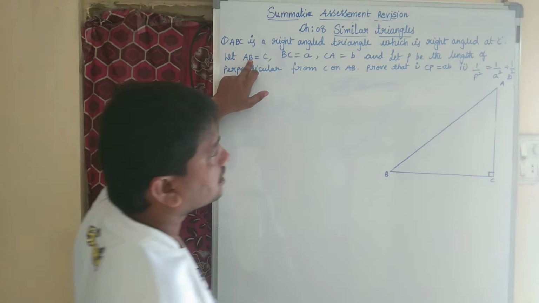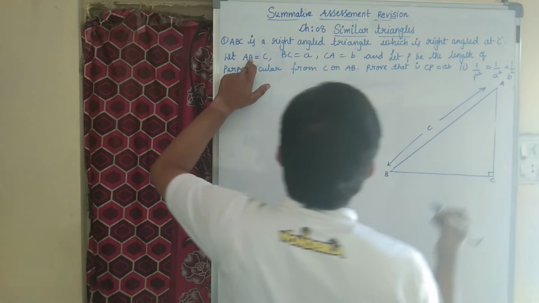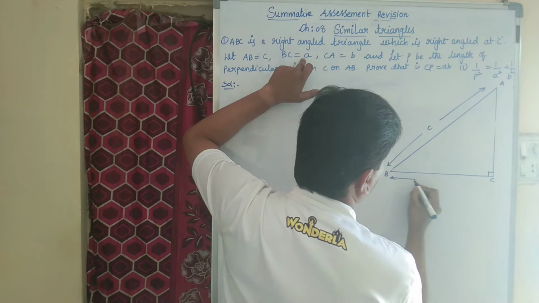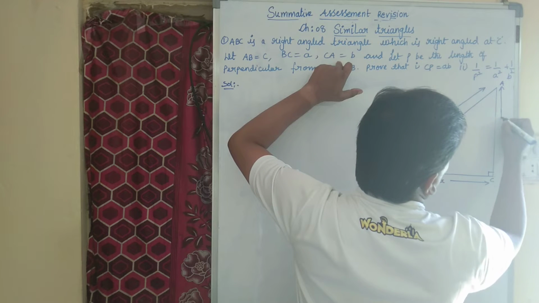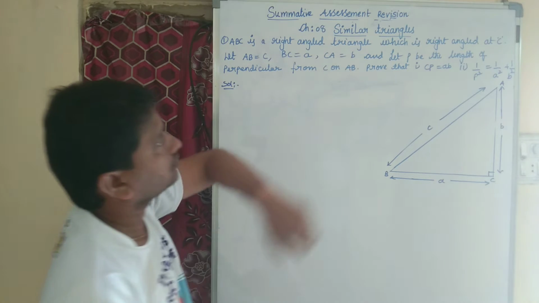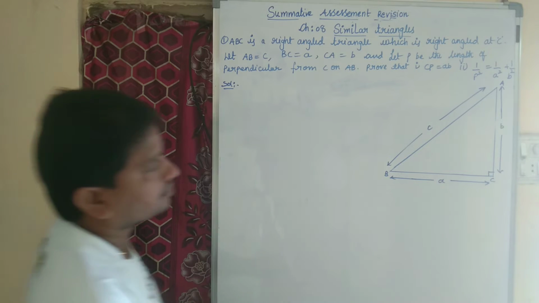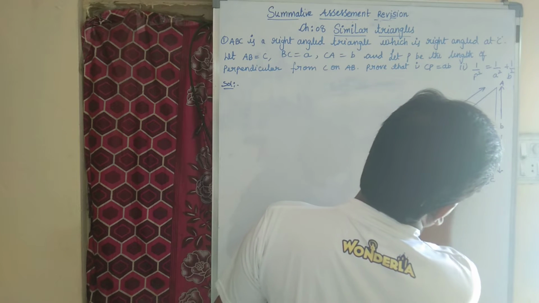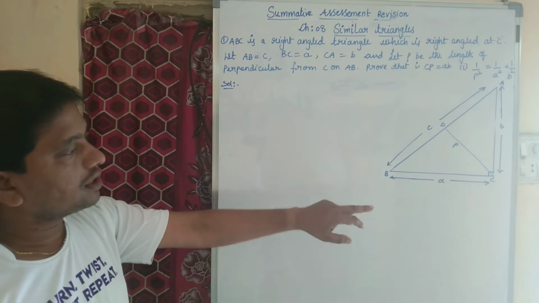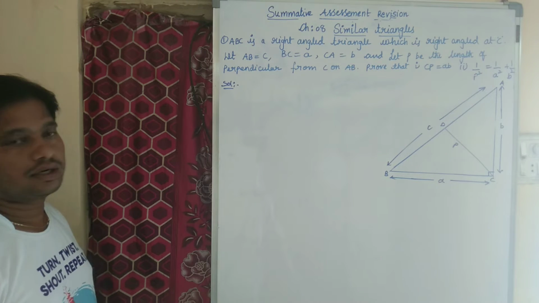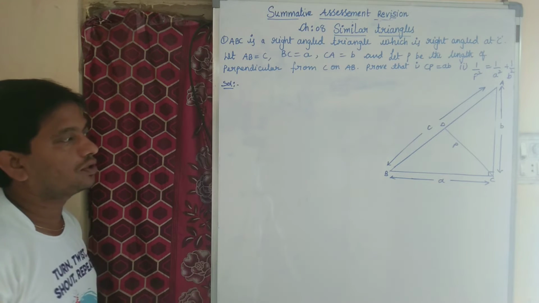Let AB equal C units, BC equal A units, and CA equal B units, and let P be the length of the perpendicular from C on AB. Now prove that CP equal to AB.